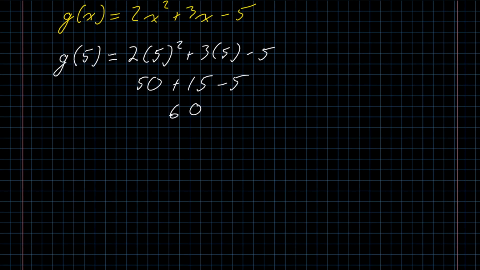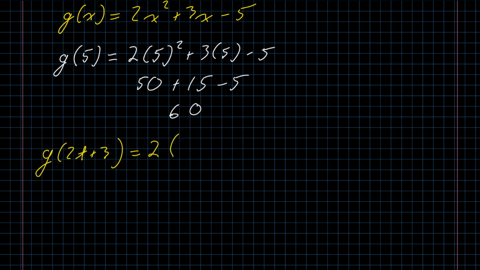Things can get a little bit messy sometimes because you don't actually have to plug in a numerical value. It might be that we want an algebraic value. We want to evaluate g of 2t plus 3. And it looks a lot more intimidating, but it's the exact same process.